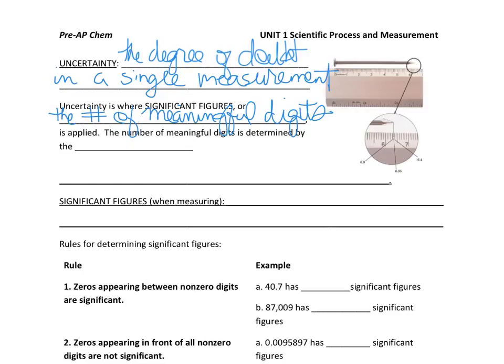And the number of meaningful digits is determined by the measuring device you're using.